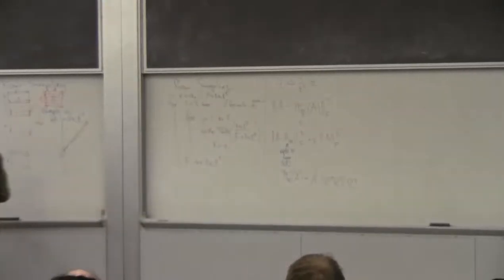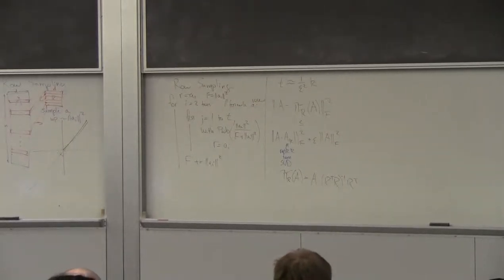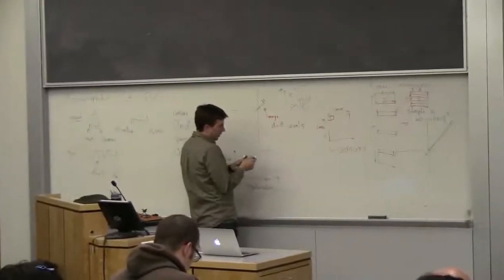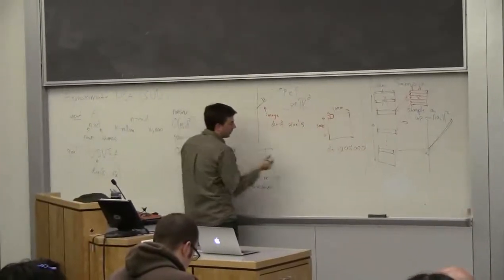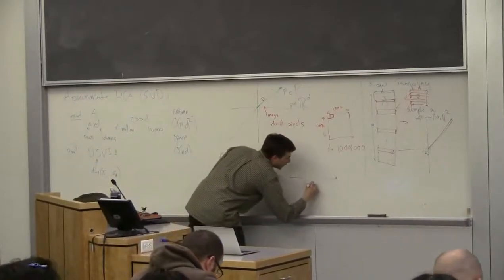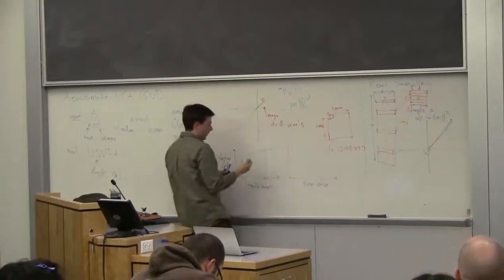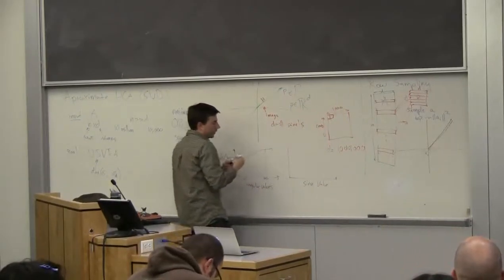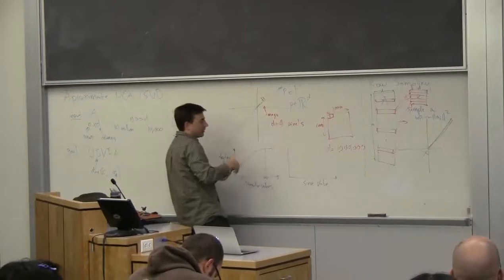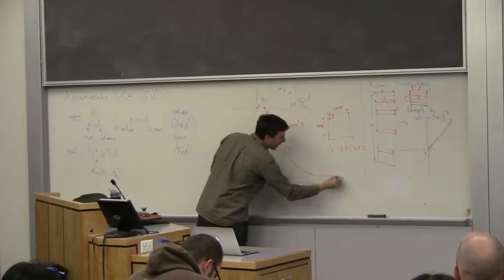Remember I drew this picture here with the singular values. Well, this is the cumulative density function. If instead I drew this as just the height of the singular values, what it's going to look like is they're going to be decaying.